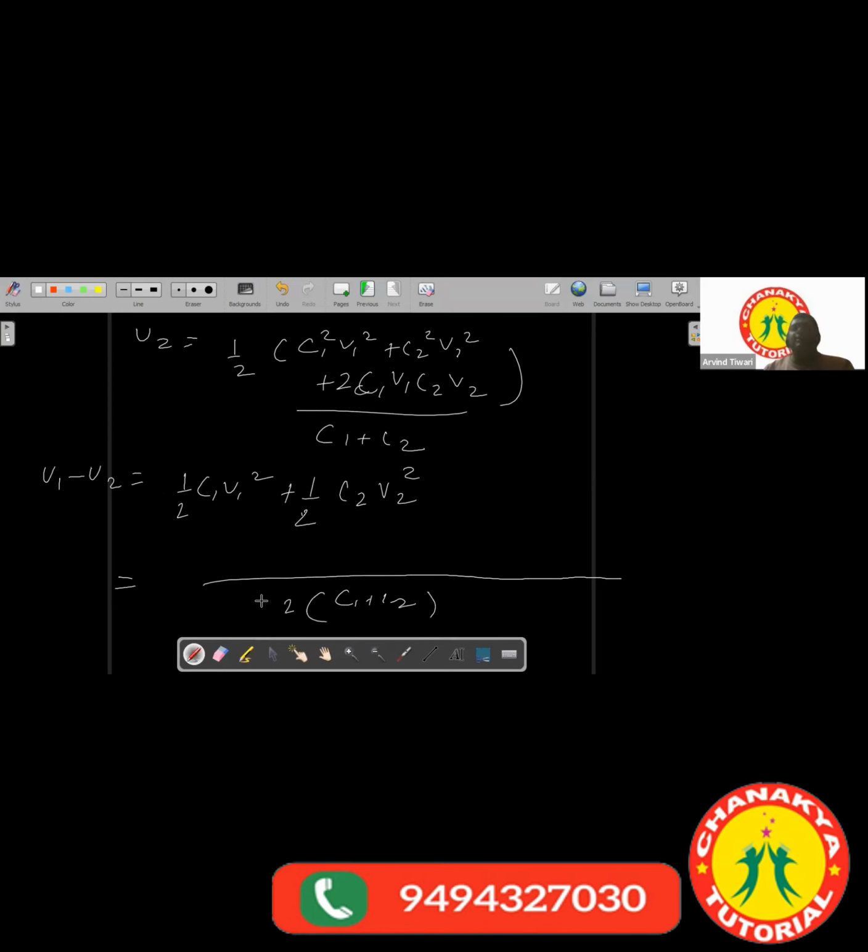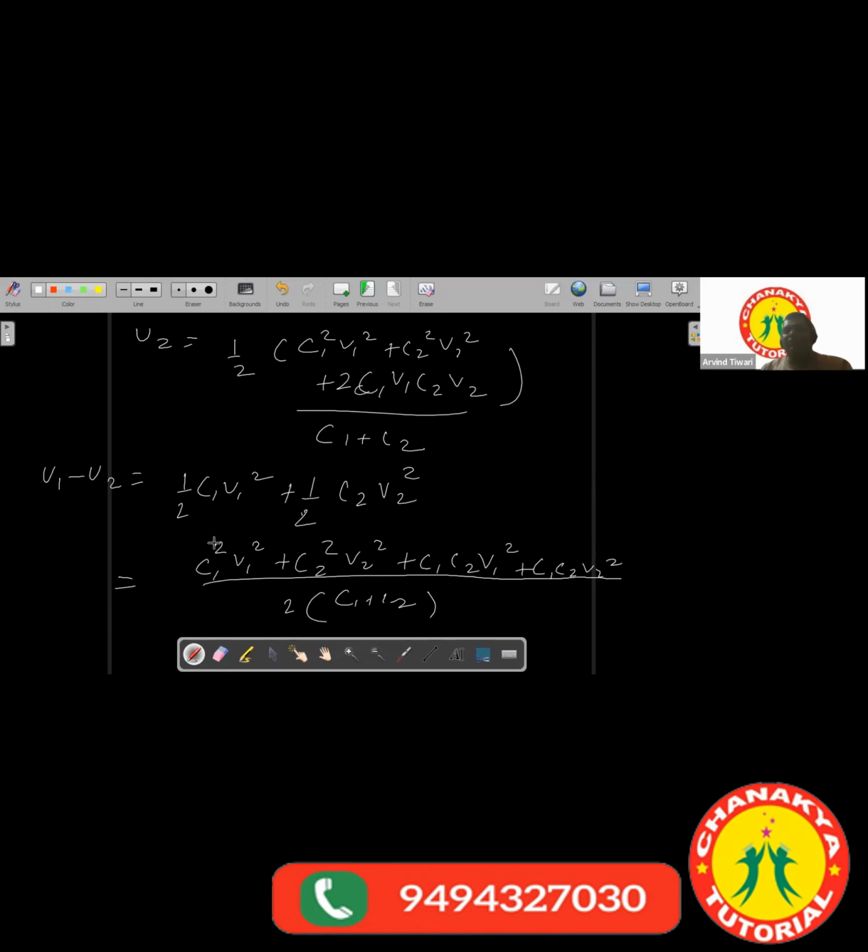Here you will have C1 squared V1 squared plus C2 squared V2 squared, plus another C1 C2 V1 squared, plus C1 C2 V2 squared, and minus of this also.